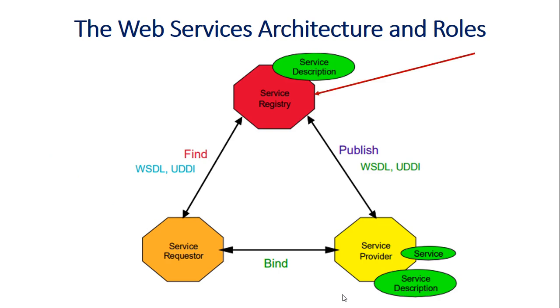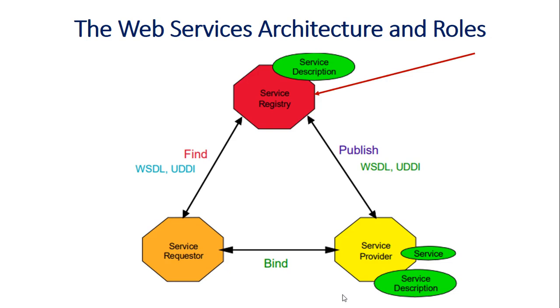The last but not the least is the service registry. This is a searchable registry of service descriptions where service providers publish their service descriptions. Service requesters find services and obtain binding information for services during development, for static binding, or during execution, for dynamic binding.